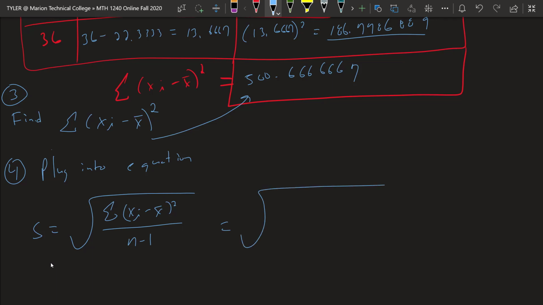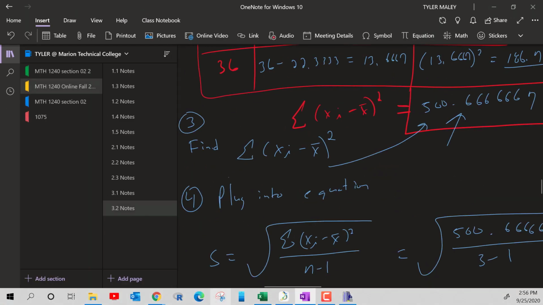So this would be the square root of, so this top numerator is just that number, which is 500 point, and then 6 sixes, and then a 7. And then you're going to divide by n minus 1, where n is equal to 3, remember? So this would be 3 minus 1. Right? So we can just grab a calculator.